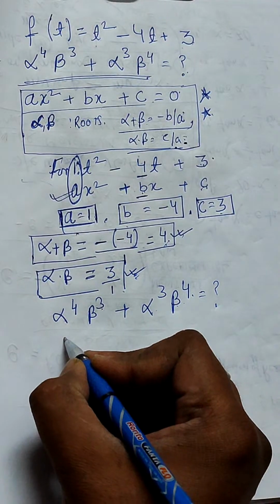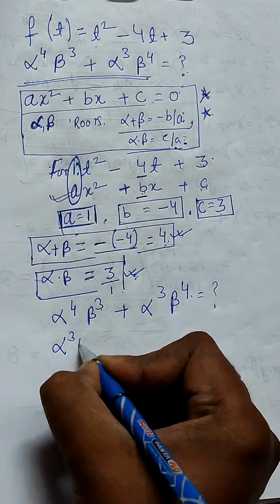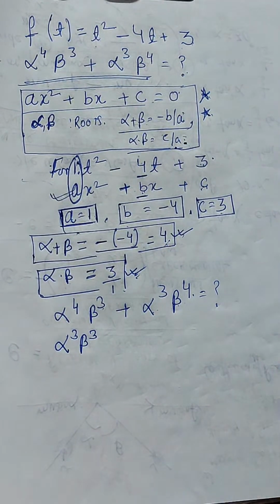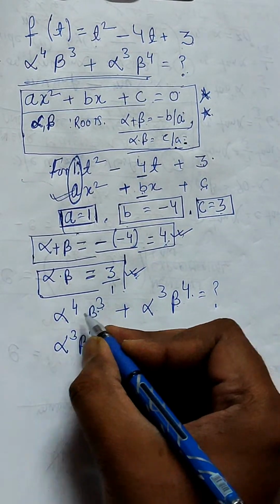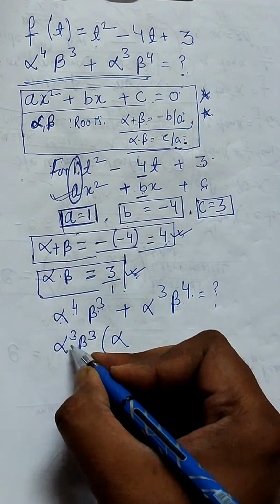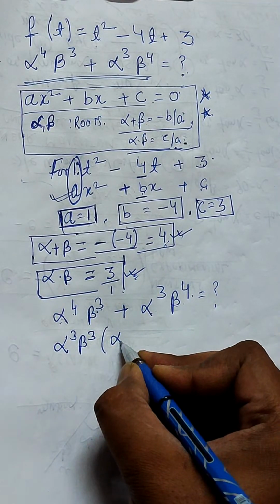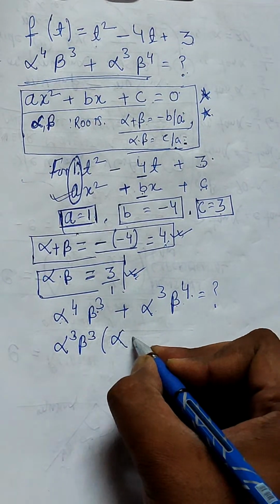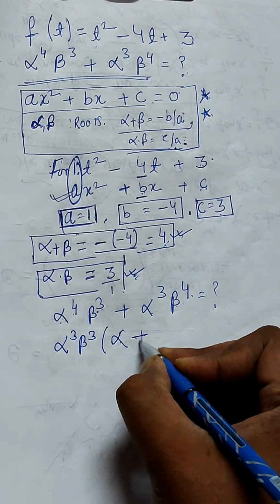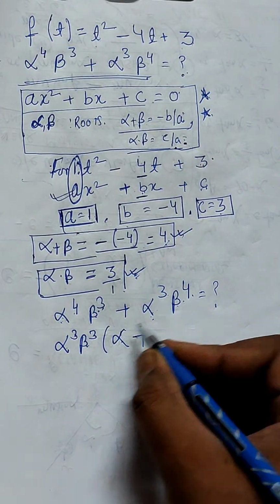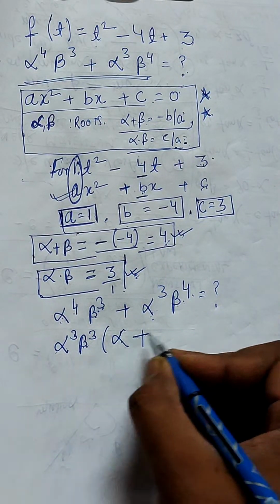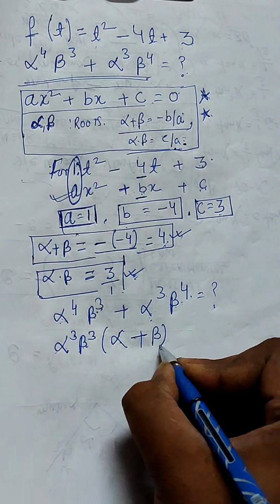So what we can do is take alpha cube and beta cube as common, right? From the first term, 3 alphas are already taken out and only one alpha will be left over. So alpha plus, and beta cube is already taken, and from alpha cube beta 4, if alpha cube beta cube is taken as common, we are left with beta.